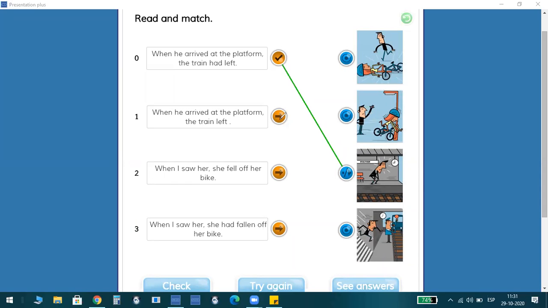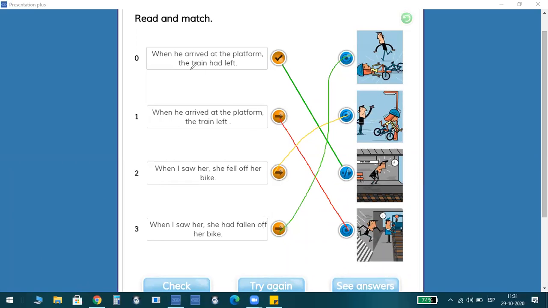The 4th one. The next one says, when I saw her, she fell off the bike. The first or the second? The second.